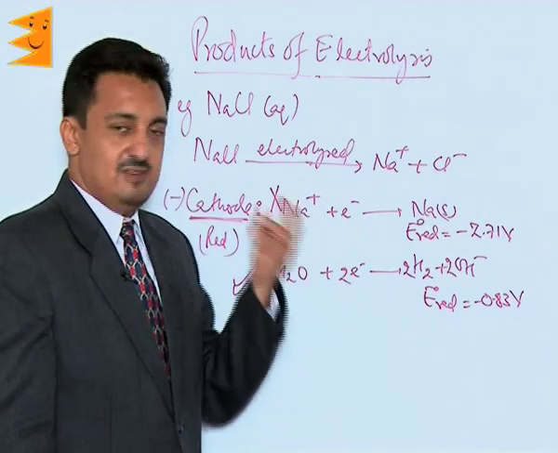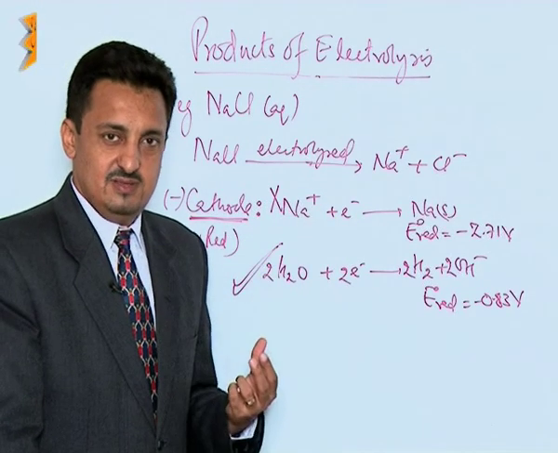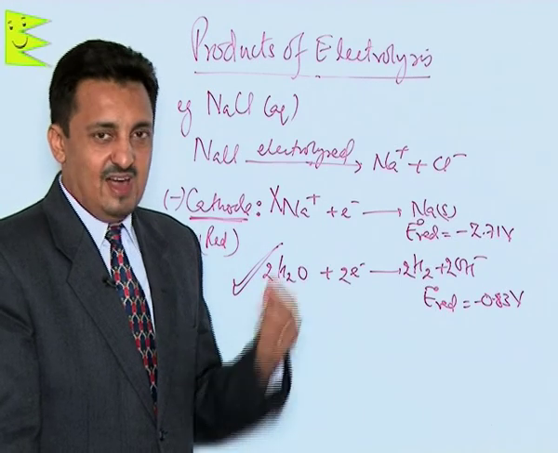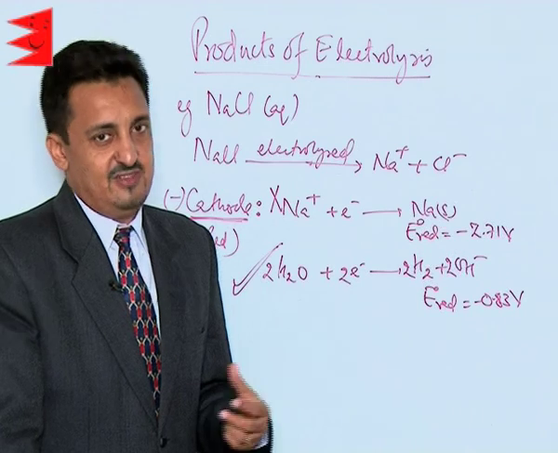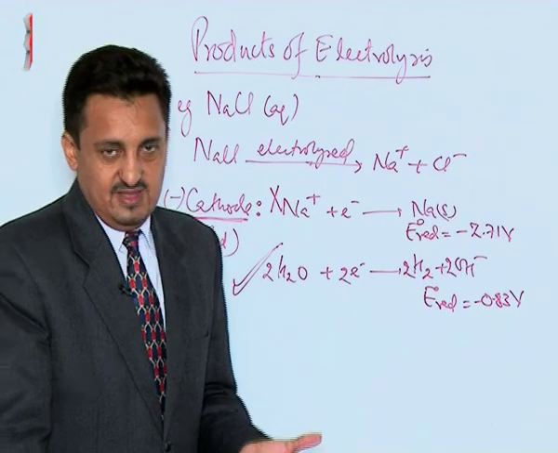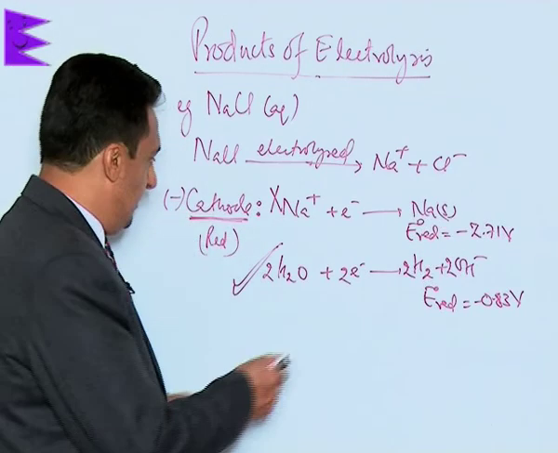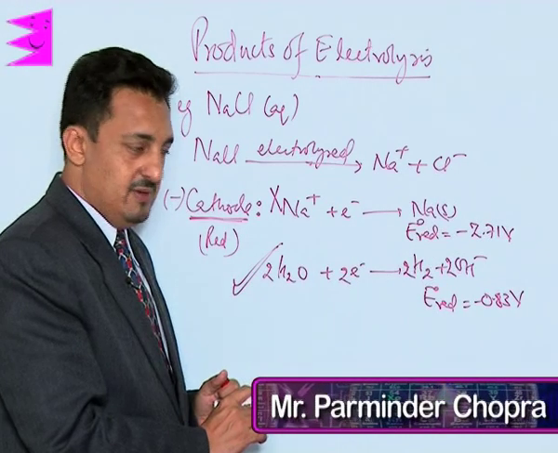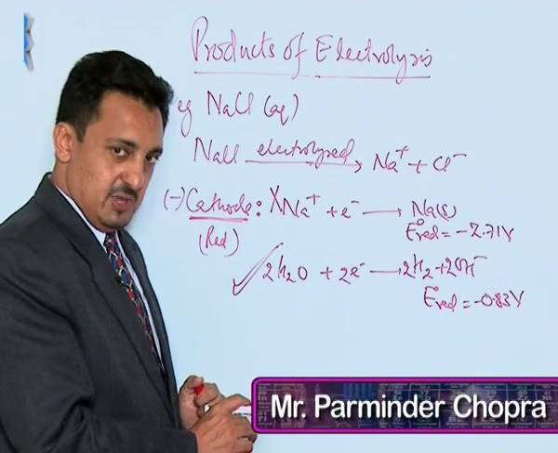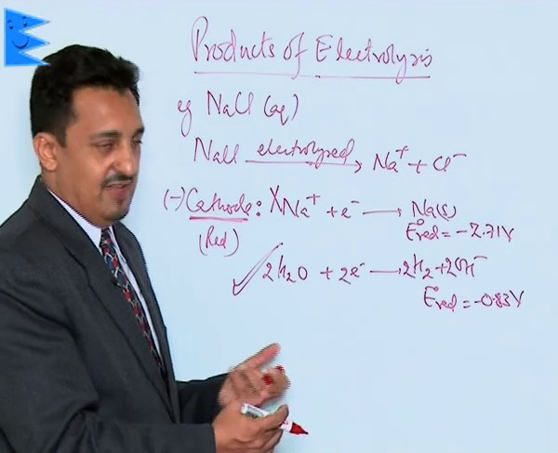So this is the first information we can get from this example. Always the species with higher reduction potential gets reduced at the cathode, and the species with lower reduction potential gets oxidized at the anode. That's the basic of the first factor. So now we know we will be getting hydrogen gas at the cathode when we do the electrolysis of aqueous NaCl solution or brine solution.